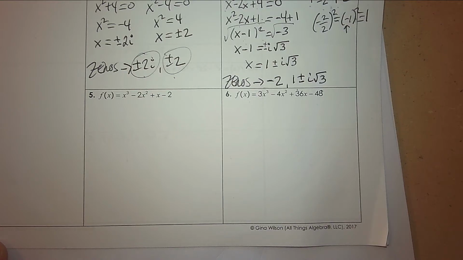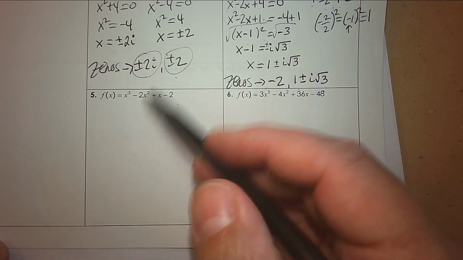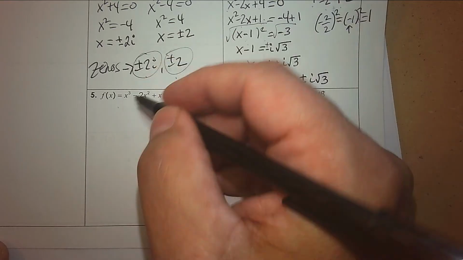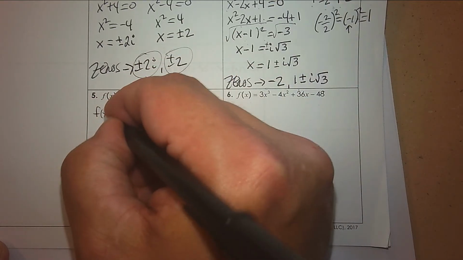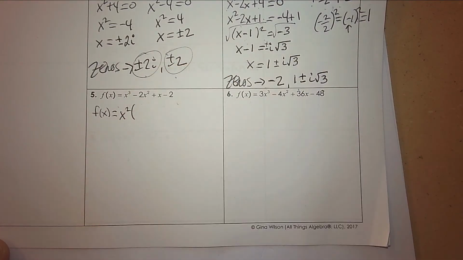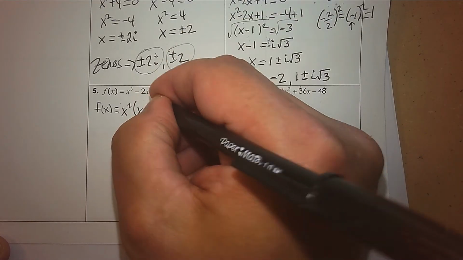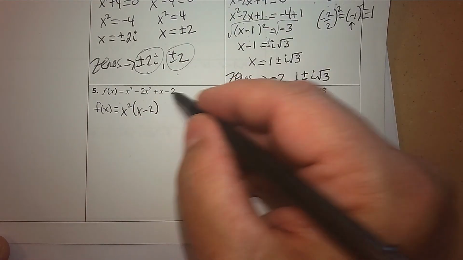Evelyn, what would you do to factor this? Find the common terms they have. Well, if I look at all 4, they have nothing in common. But what other technique do we use when we have 4 terms? We look at only the first 2 terms. What do the first 2 have in common? x squared. Excellent. What's left over? x minus 2. And the next 2 are a little bit challenging.